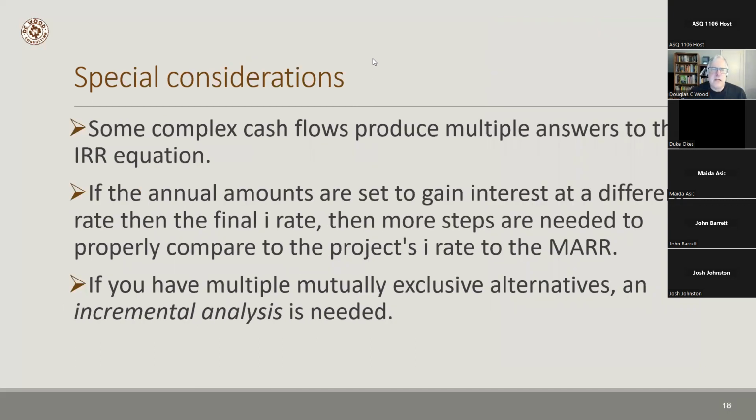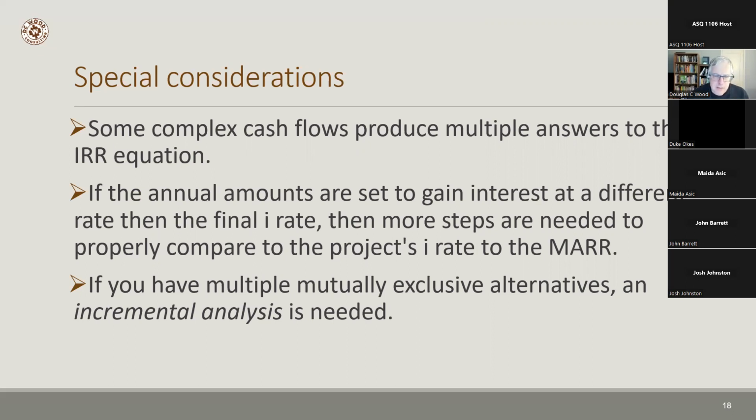Now, there are some special considerations here. First of all, if you've got a really complex cash flow, you might actually end up with more than one answer to the IRR equation. You've all seen formulas where you've got two equations and 2 unknowns, and there's 2 roots, there's 2 answers.